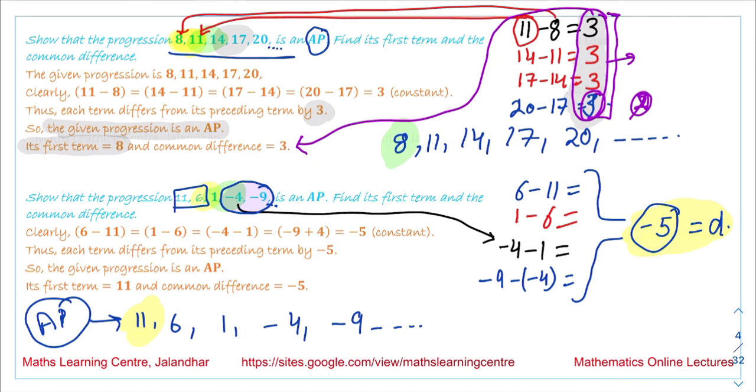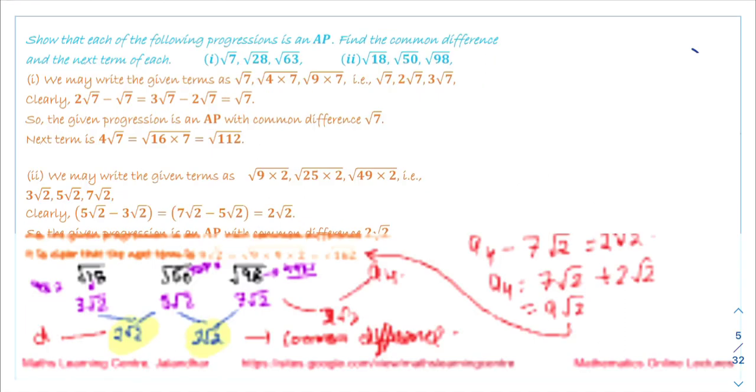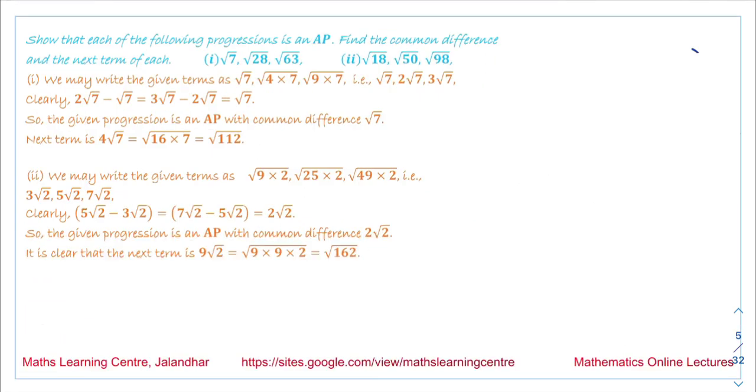Next is, show that the following progressions are in AP. Progression means we are talking about a sequence. Progression and sequence we can use interchangeably at this level. So we are saying, find the common difference and the next term of each. The first sequence that is given to us is root 7, root 28 and root 63.